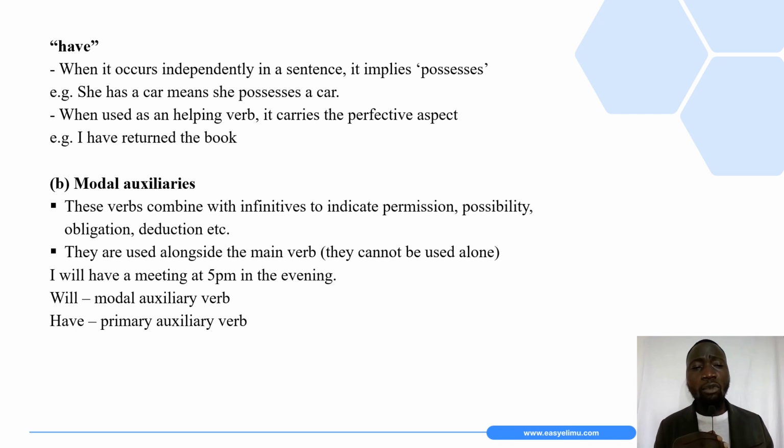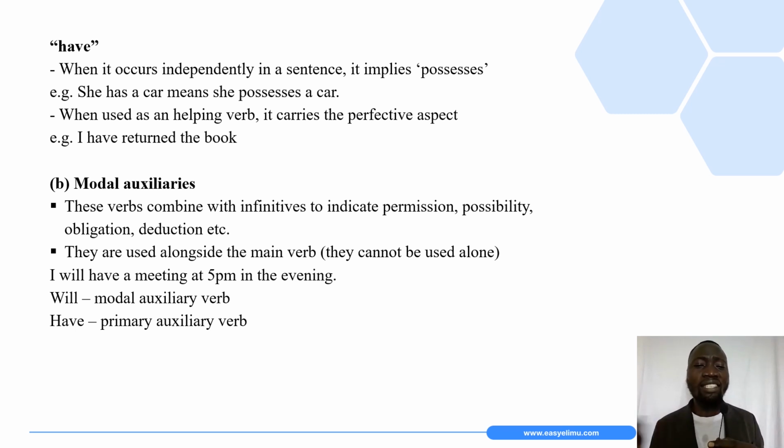So let us look at some of the uses of the auxiliary verb have. So when have occurs independently in a sentence, it implies that one possesses or it indicates ownership. For example, in the sentence, she has a car, means she possesses or owns a car.